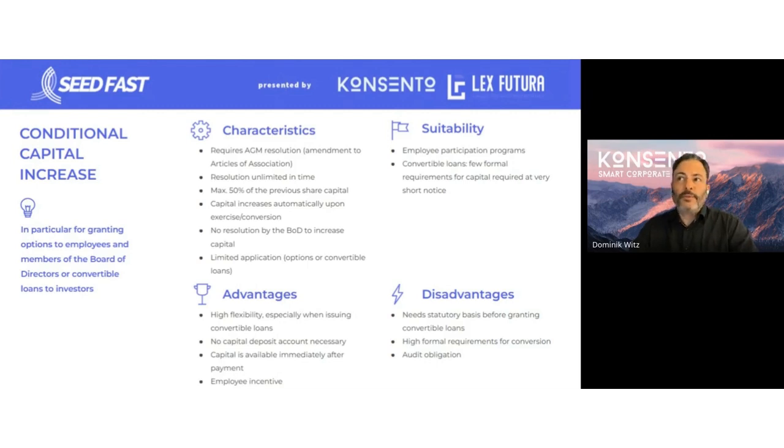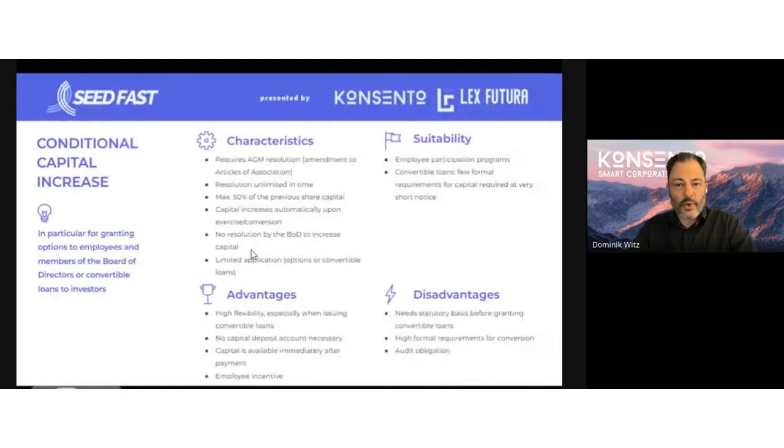For curious people, it's always possible to download articles of association and see who has invested. And therefore, if you do not want to scare away potential investors, a company is very well advised to have a statutory basis before they raise funds with convertible loans. So that's a very important point. I agree.